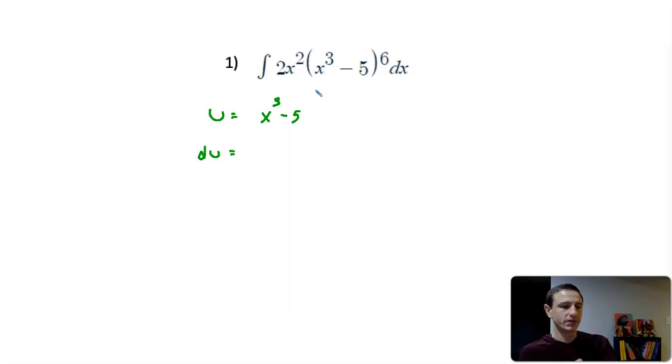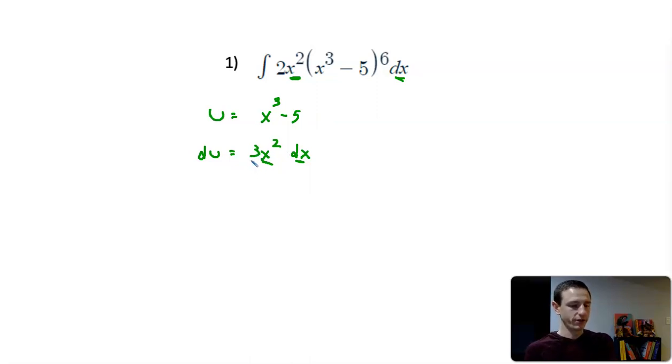Also, the second reason being, if I take the derivative of this term, look what I get. The derivative of this is going to be 3x squared, minus 5 is a constant, and then that's dx. Look what happens. x squared dx, x squared dx. So I'm able to substitute out x squared dx for this du.